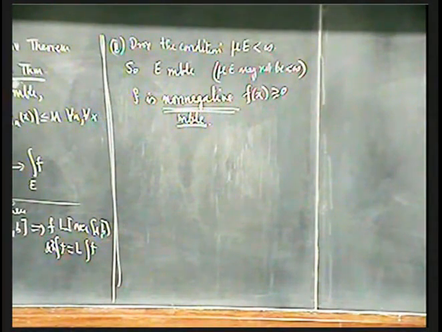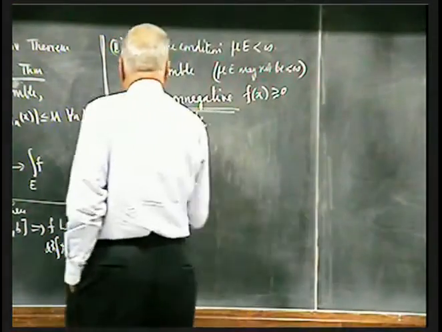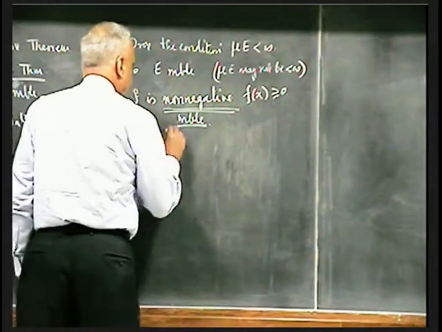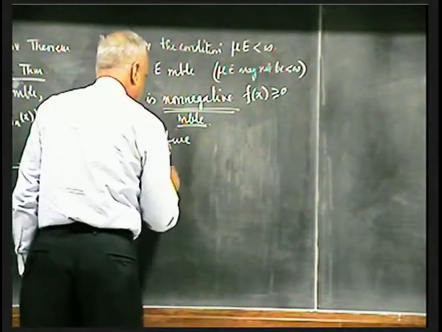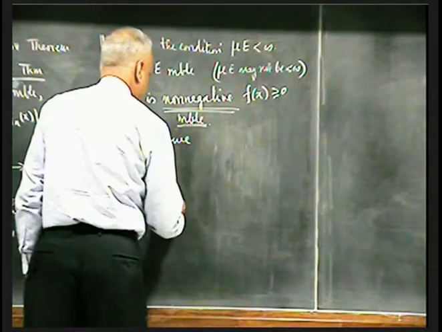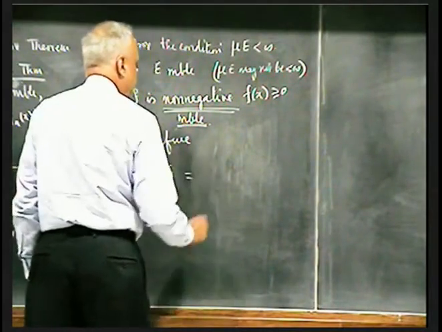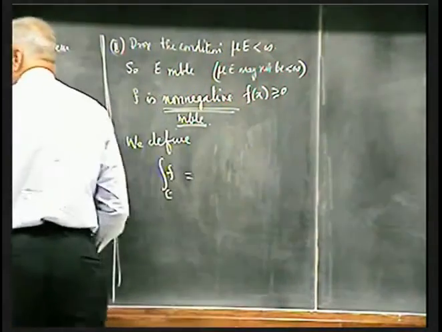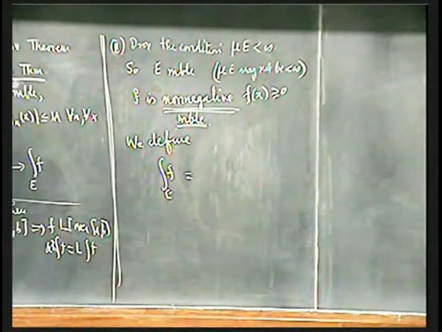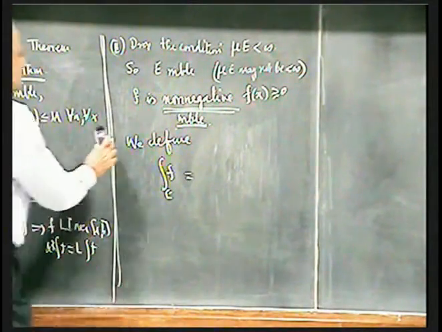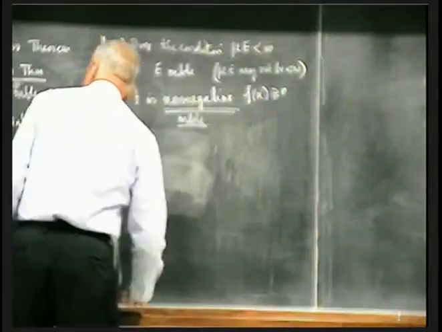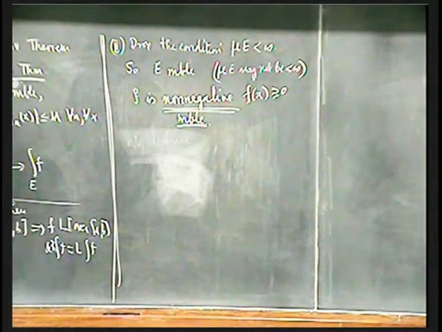Therefore, we define the integral of f over the set E, and let me use some notation to write it in short form. We must bring things back to this level. Previously we took this to the simple level. Now we bring this to this level.